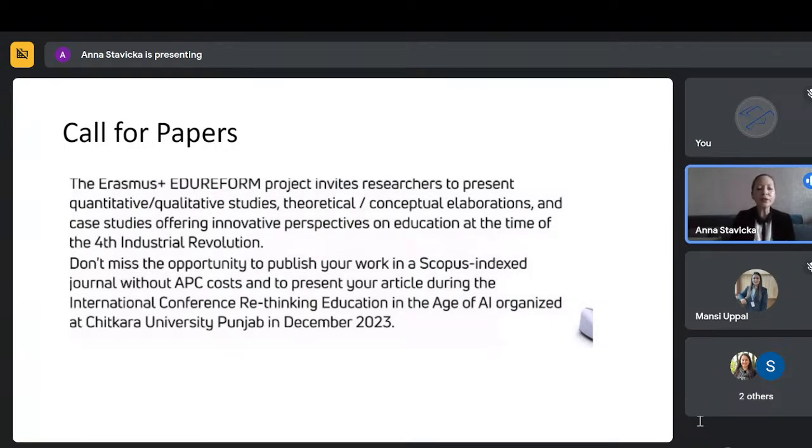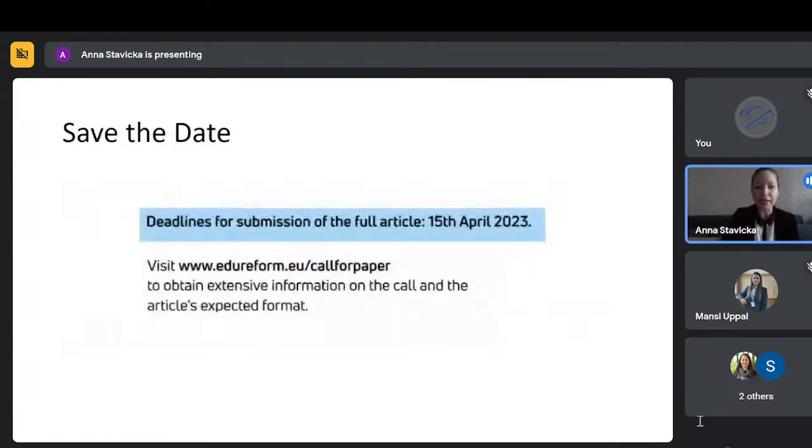So I want you not to miss the opportunity to publish your work in a serious journal, a Scopus-indexed journal, without any extra fees applied, and to present your article during the international conference Rethinking Education in the Age of AI, organized at Chitkara University, Punjab, in December 2023.